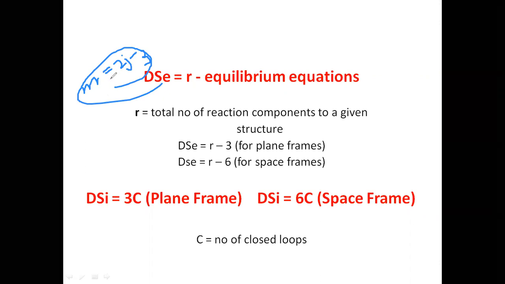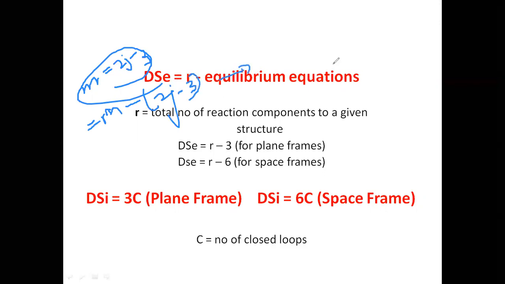So where does the formula come from? DSE is equal to M minus 2J minus R. The number of members exceeding this part will go to this side and produce an equation like this: M minus 2J minus 3.